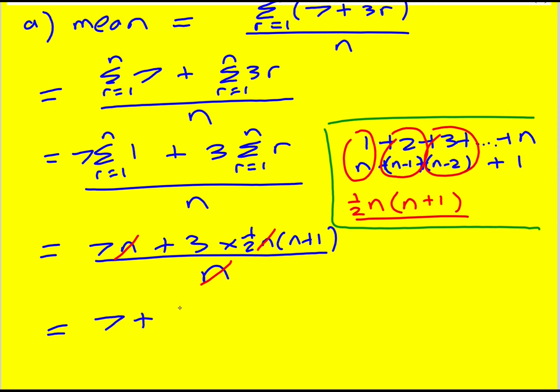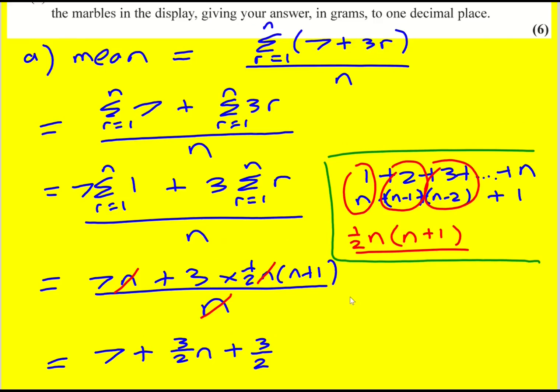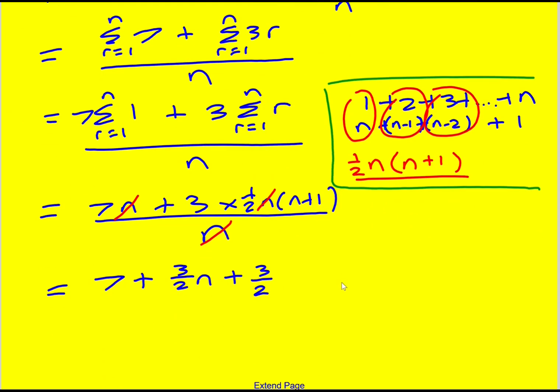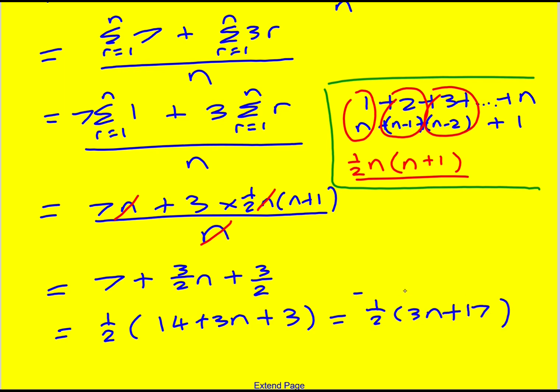So now I'll get 7 plus 3 over 2 n plus 3 over 2. And then they factorize the half out. So I can do that. Half 14 plus 3n plus 3, which gives me a half 3n plus 17, which is the result that we wanted to get.